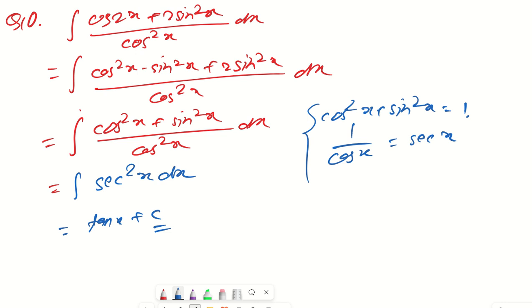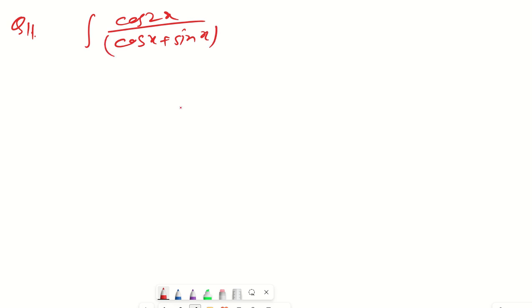Let us take another question. The question is the integration of cos 2x divided by (cos x plus sin x) whole square dx.